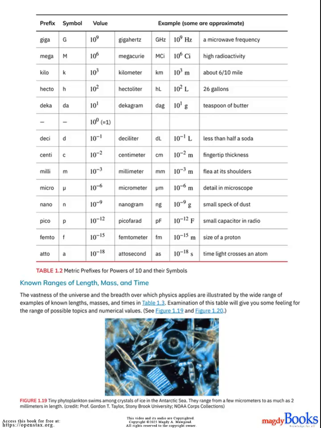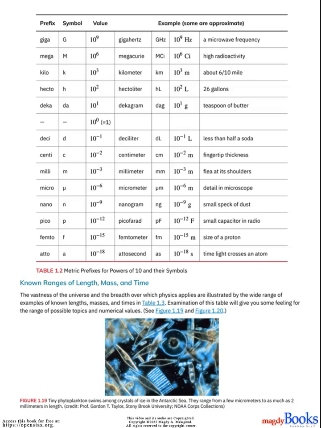Small capacitor in radio. Prefix: femto. Symbol: f. Value: 10 to the power of -15. Example: femtometer, fm, 10 to the power of -15 meter. Size of a proton.